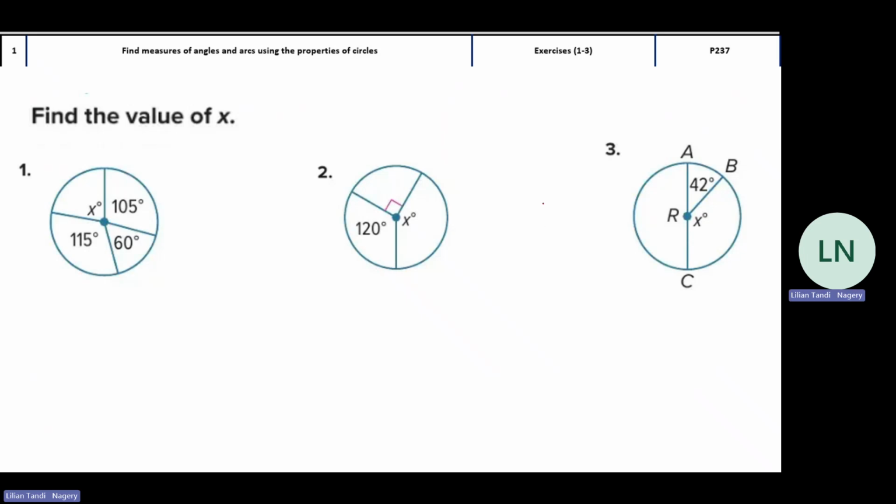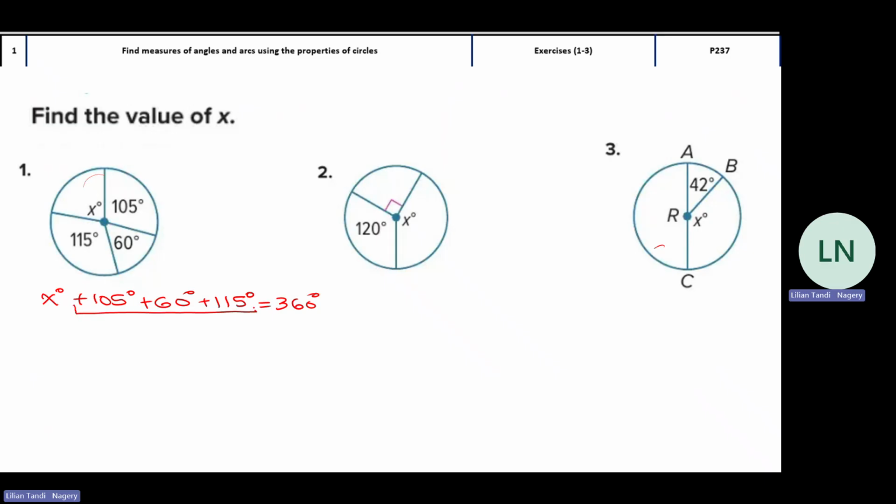So here we see that we have a circle, okay? We know the angles or degrees in a circle add up to 360. So we write our formula: x plus 105 plus 60 plus 115 equals 360.